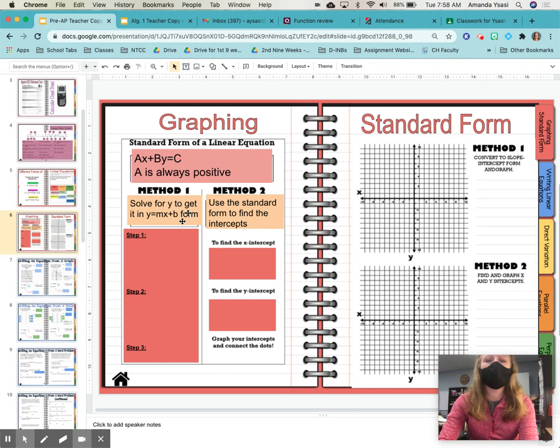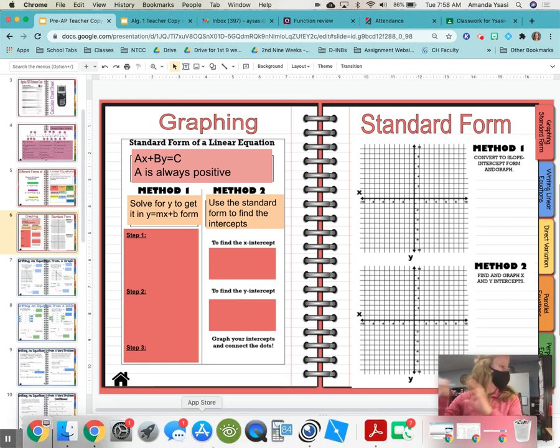Okay, so we are going to work this out on paper. I'm going to give you a problem. We're going to work it out, write it in our journal and then take a picture and put it in here. So open up your journal, and let's write graphing standard form.